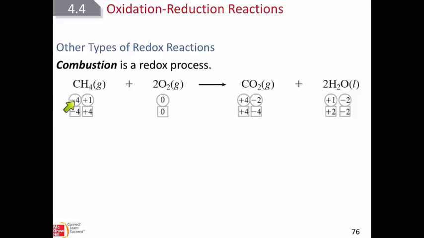So carbon is going from -4 to +4. Carbon's being oxidized. The hydrogen here, +1, hydrogen over there, +1. Nothing happening with the hydrogen. The oxygen is going from 0 to -2 and -2. So it's showing up in 2 different compounds, but it's being reduced in both. So combustion reactions are always oxidation reduction reactions.